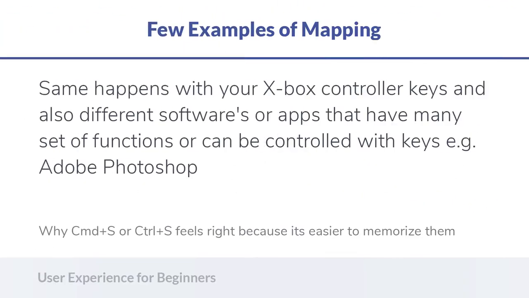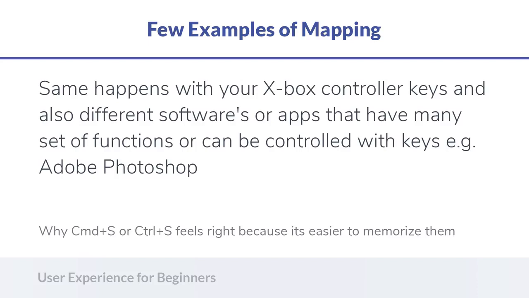A few examples of mappings in software design or hardware design are when you have used your Xbox controller keys, and you also see that there are different shortcut keys in different software and apps, even Photoshop or any text editor. There are similar controls like Control S or Command S for saving the file.